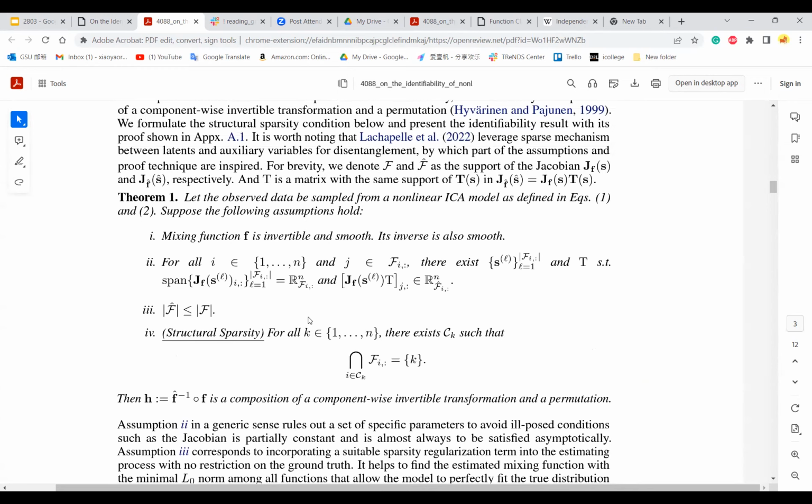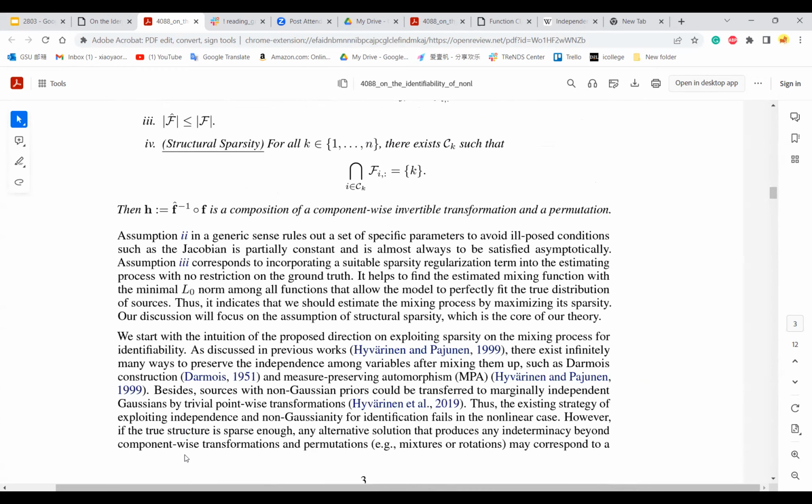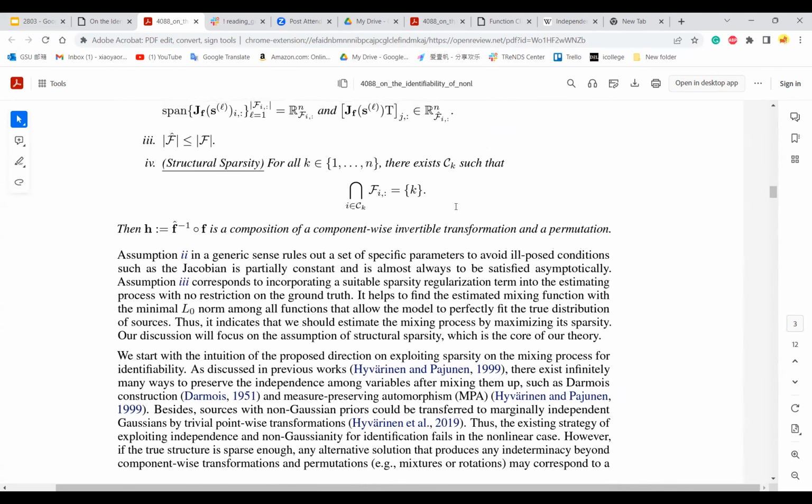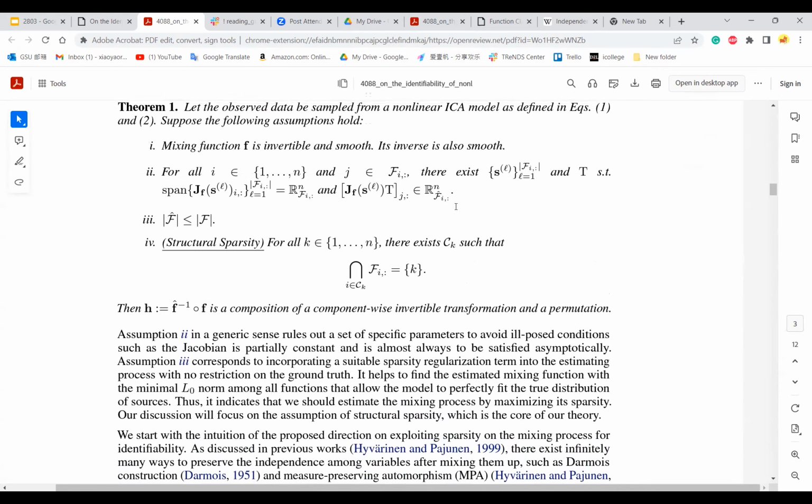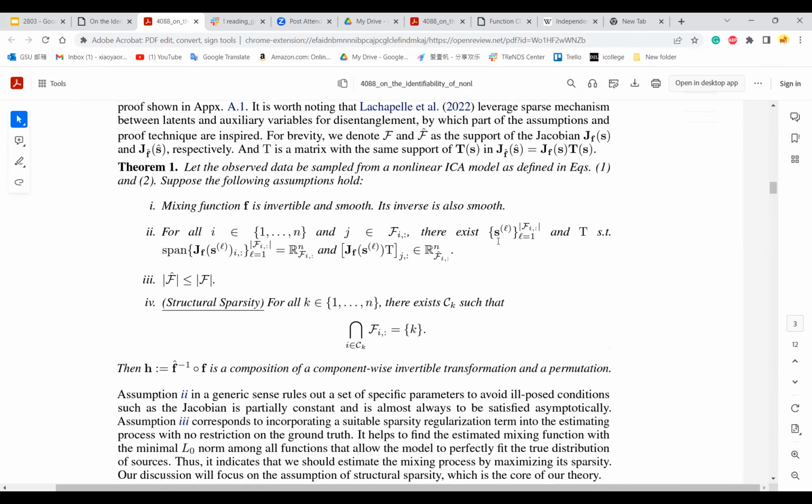Yeah, I think we're digging way too deep into this particular theorem, because all that they're saying here is that this H exists, or not that it exists, but that it has this particular structure. Based on this assumption it is identifiable, and they give a proof for all of the 4 assumptions.